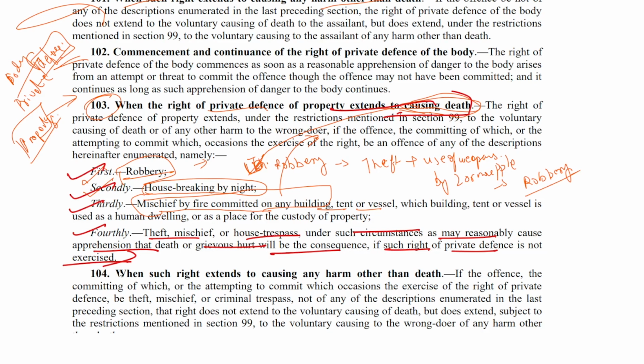And there is apprehension that if you move or you do something, then these unlawful persons who have entered your house will cause hurt or grievous hurt to you or to your family. Then you have the right to private defense, which extends to even killing those intruders in order to save your life. This is the exception that has been mentioned.